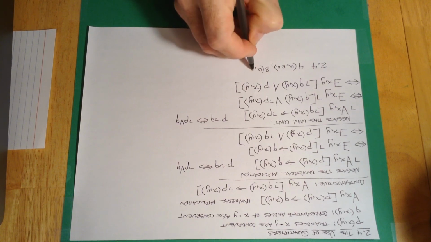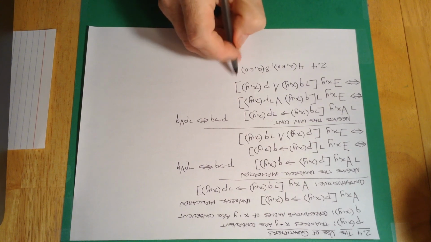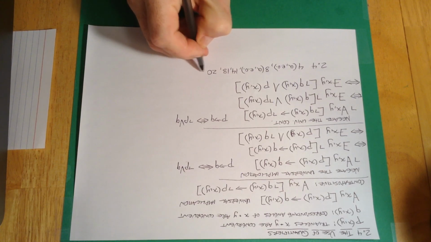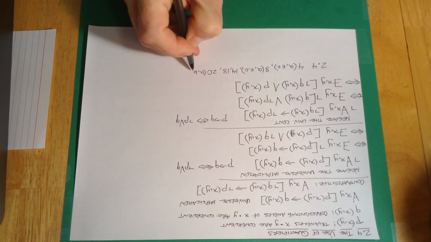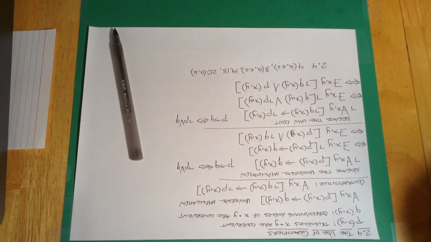Start with A and then do every other on that. And then 14, 18, and 20. On 20, just do A and B. Don't worry about C. Okay? Hope that helps you guys. We'll see you on Wednesday.